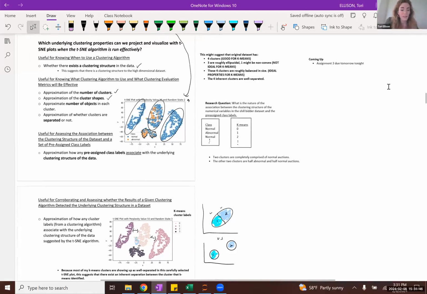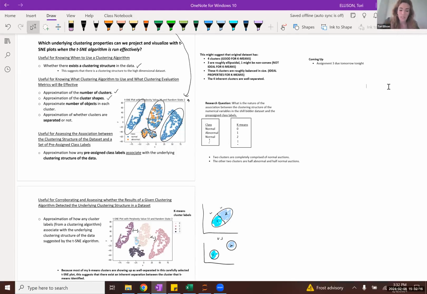All right, what we're going to do today is finish up Unit 4, in which we give a brief overview of how the TSNE algorithm works. Then we're going to talk about how we can use the resulting TSNE plots with carefully selected parameters to learn more about some aspects of the clustering structure of high-dimensional data sets.